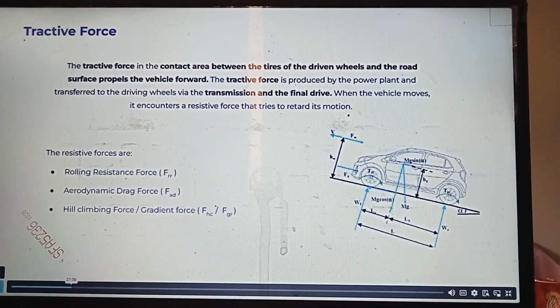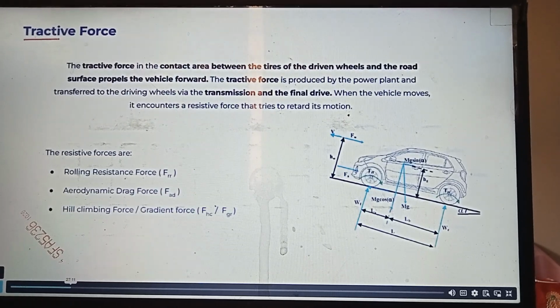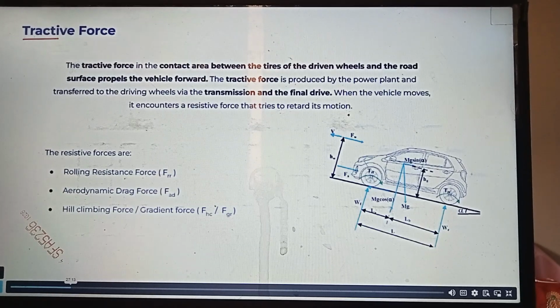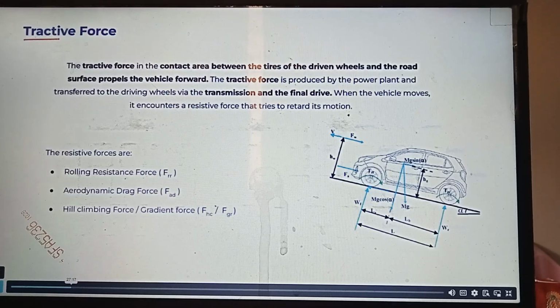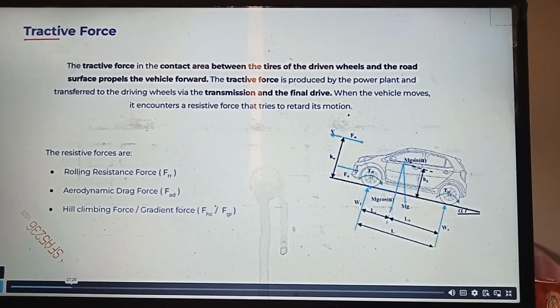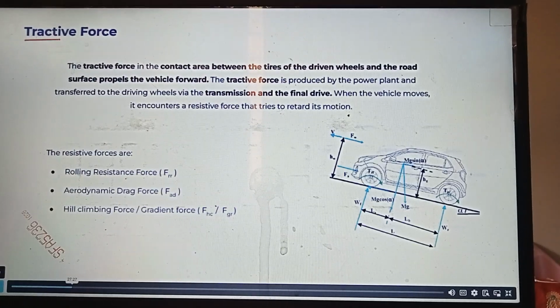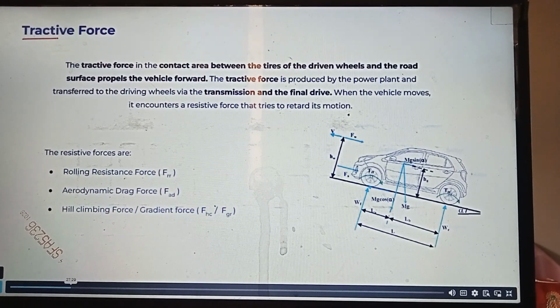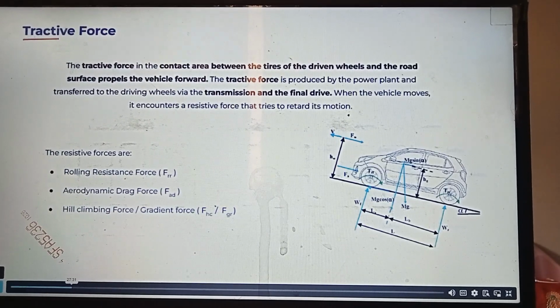So, what is tractive force? Let us first start our discussion slowly. Now, when you want your vehicle to propel or move, you need to apply a certain force on the vehicle so that the vehicle can move, isn't it? For example, when you are riding a bicycle, you need to give a good amount of pedal so that your bicycle can move.